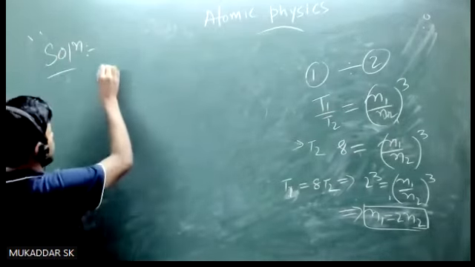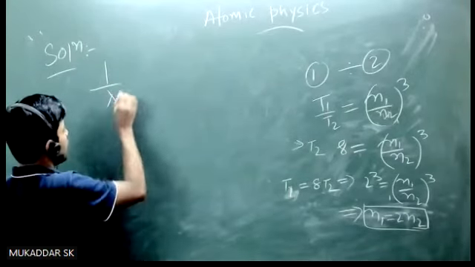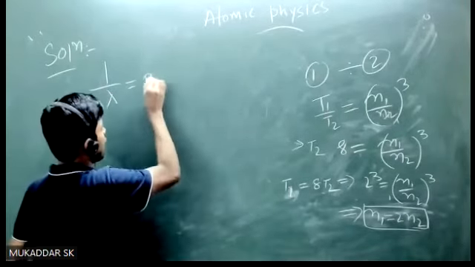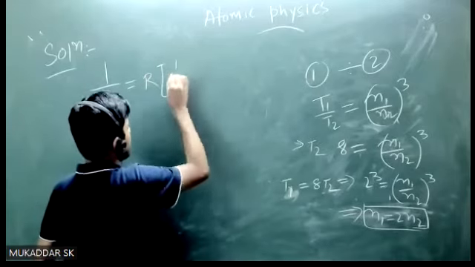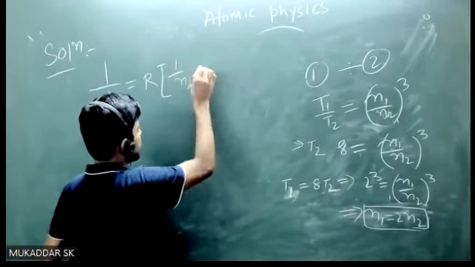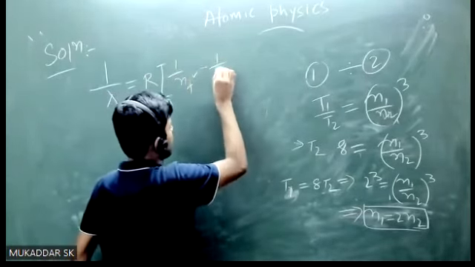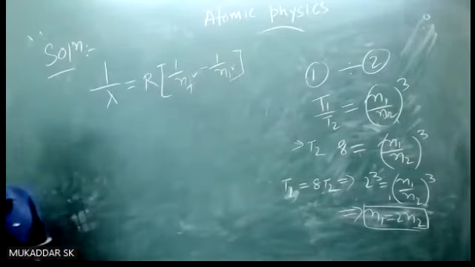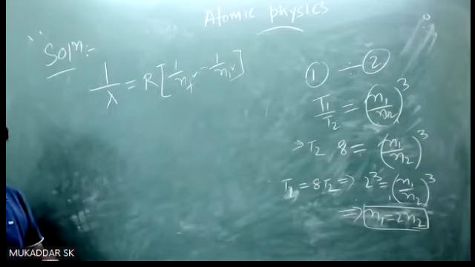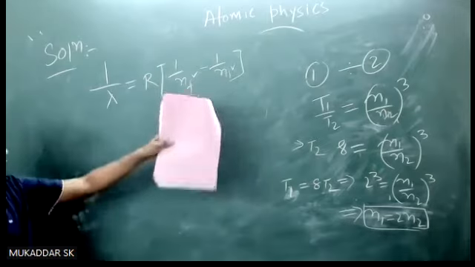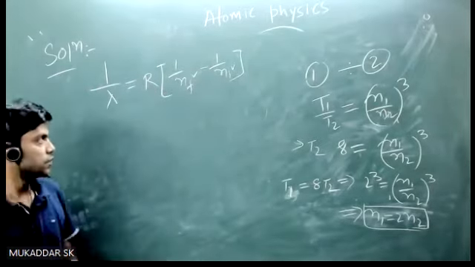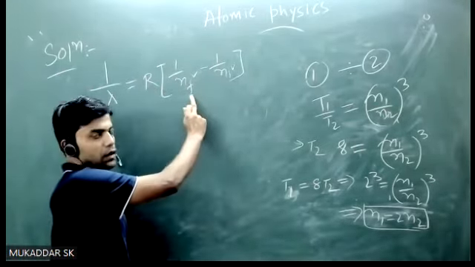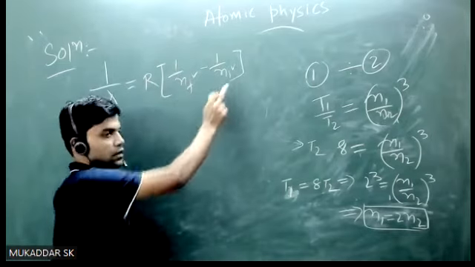So we know that 1 by lambda equals R into (1 by nf square minus 1 by ni square). For minimum wavelength, ni will be how much? So this is your final state principal quantum number. This is initial.